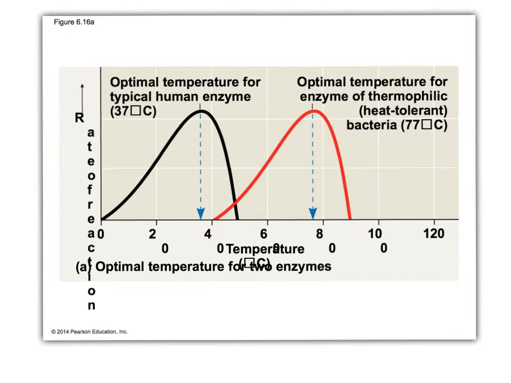Optimal temperature for an enzyme from a thermophilic bacteria or a thermophilic archaea is different. It's not to say that they don't have the same or similar enzymes. All right? So you can have a DNA polymerase enzyme. DNA polymerase synthesizes DNA, what replicates DNA.